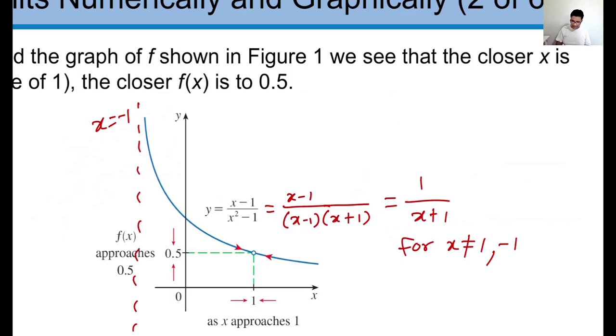Okay, 1 and -1, the function is not defined, but other than that, it acts like 1 over x plus 1. So it will be the graph of a hyperbola, with, actually the left side is not shown in this graph. We are focusing on the right side because we are looking at the limit as x approaches 1 here. Okay, this is one part. The other part will be on the left side, facing down.